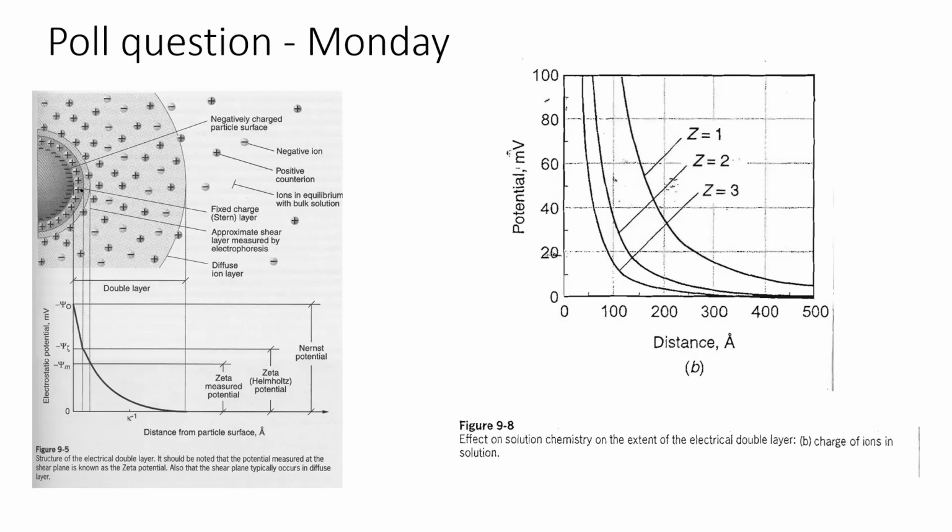What's shown in the diagram here, switch to the highlighter. Some mornings things don't quite work. So what you can see is this diffuse layer, this potential, if we're measuring the potential at the particle, the potential is greater at a greater distance away from the particle.